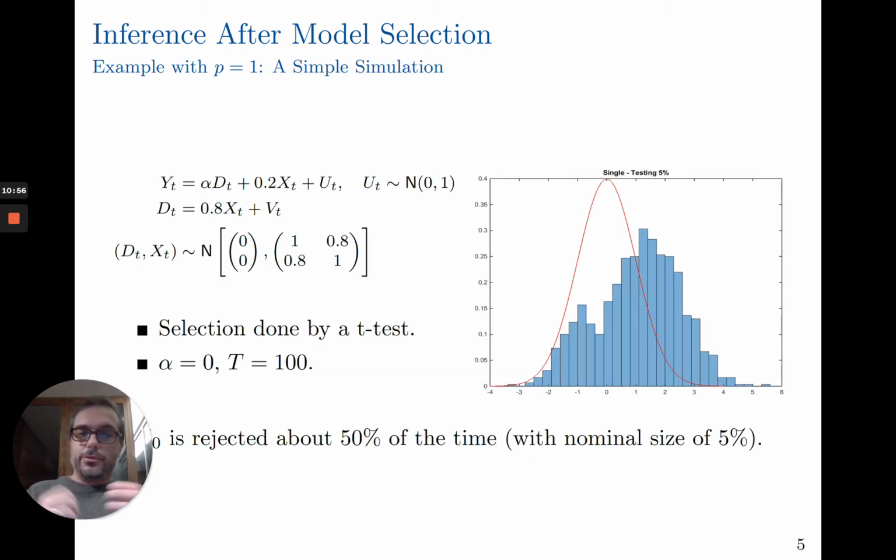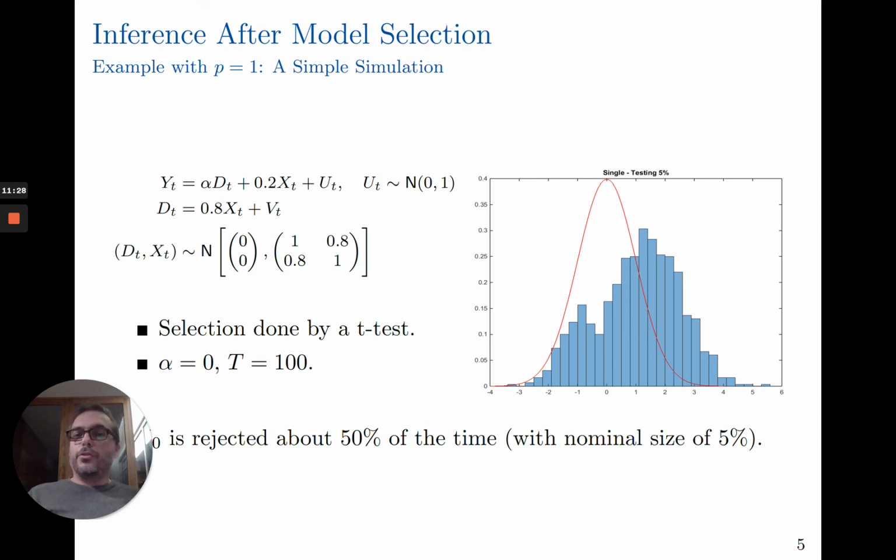Just to show you a simulation, let's take simulated data. Here we have that y_t is alpha d_t plus 0.2 x_t plus u_t, and in this case d and x are related, so d_t equals 0.8 x_t plus v_t. So d_t and x_t are jointly normal, they both have 0 mean, with the covariance matrix that you see on these slides.